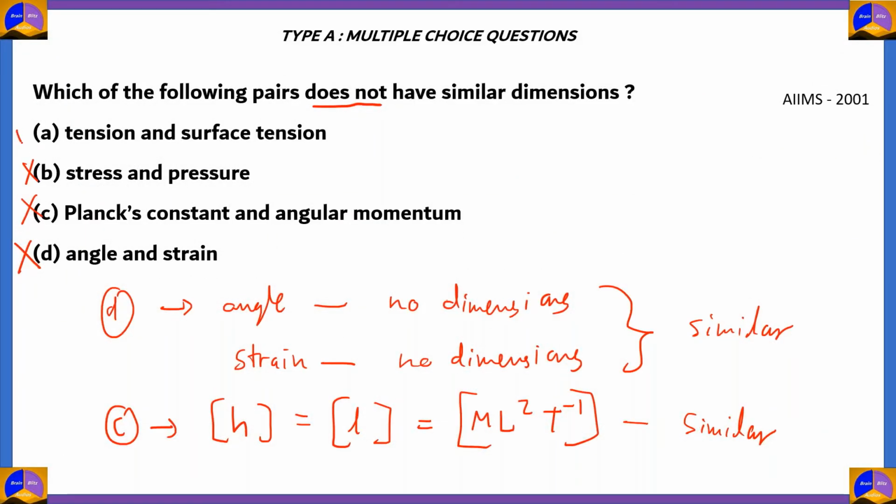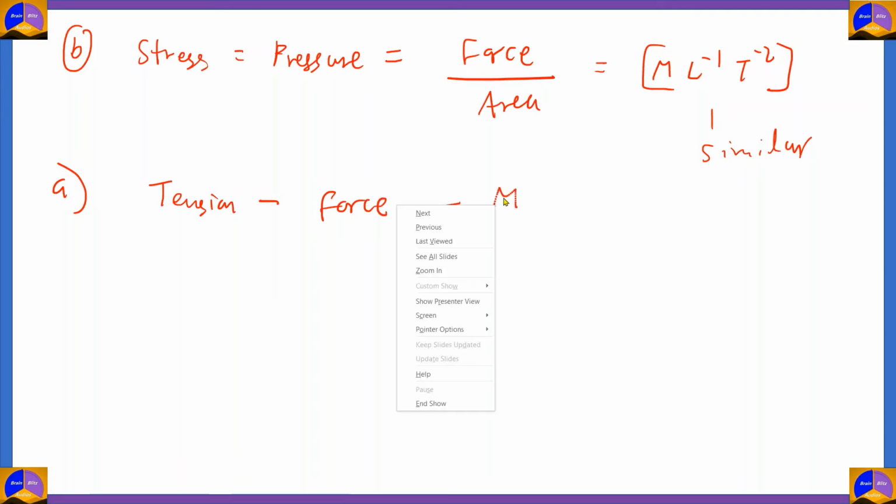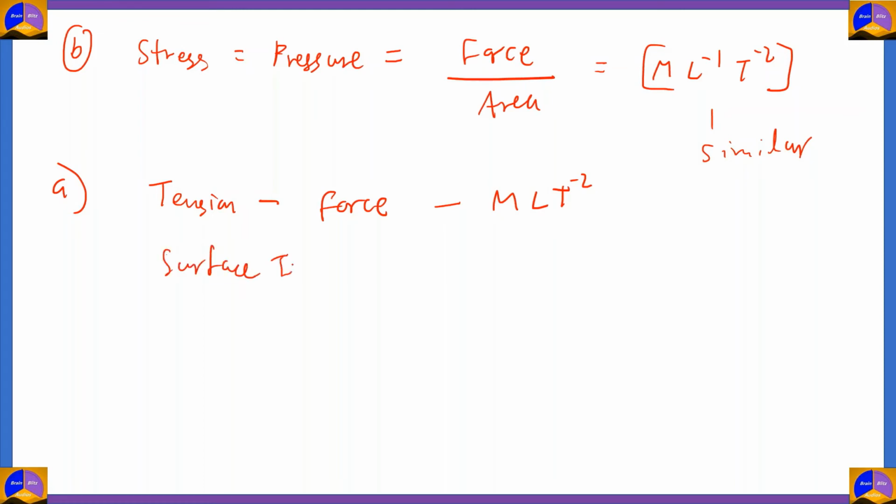The right answer is option A, tension and surface tension. Although they look similar, tension has the dimensions of force, which is M L T power minus 2, while surface tension has the dimensions of force per unit length, which has the dimensions M, T power minus 2.